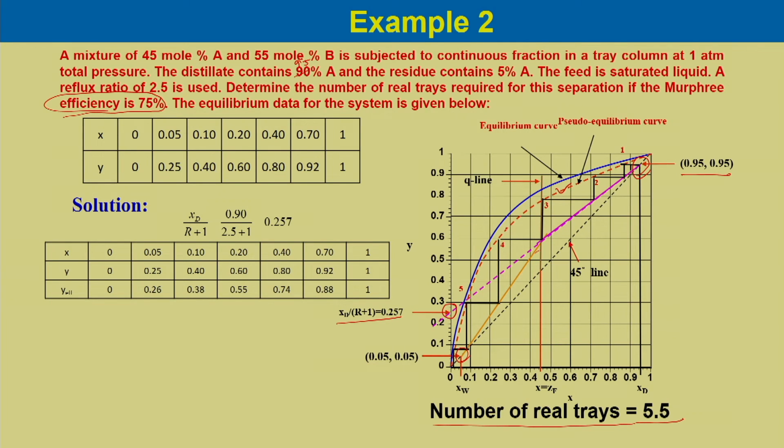If you remove the pseudo equilibrium curve and draw the staircase with the actual equilibrium curve, the number of trays required will obviously reduce, because the vertical distance between the pseudo equilibrium curve and the operating line is less than that between the actual equilibrium curve and the operating lines.